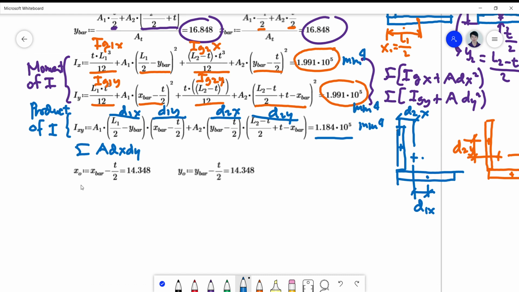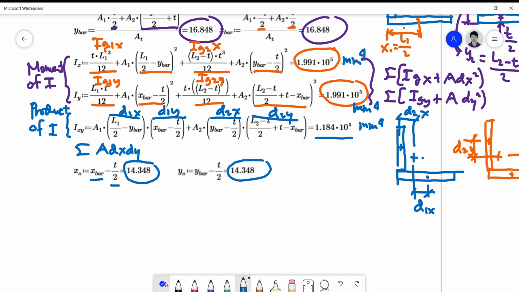And finally, for your XO and YO, I simply subtract: X bar minus T over 2, 14.348, and my YO is simply Y bar minus T over 2, 14.348. They are just the same.